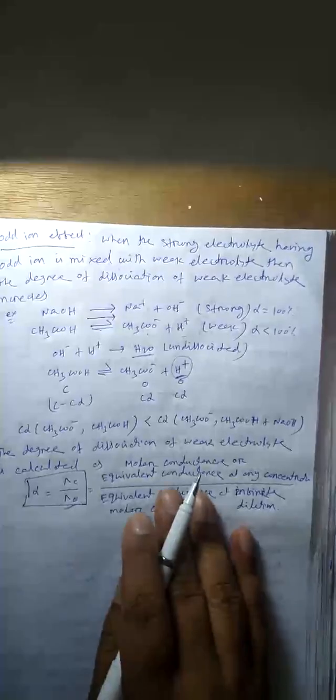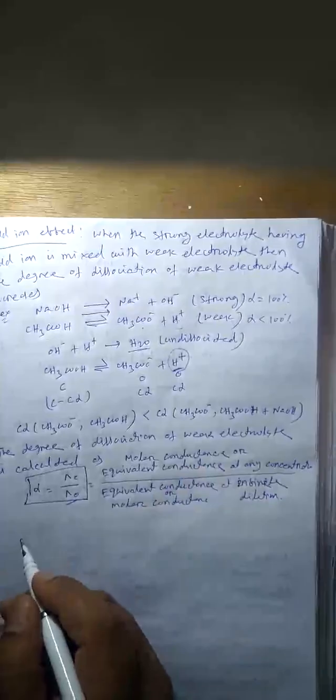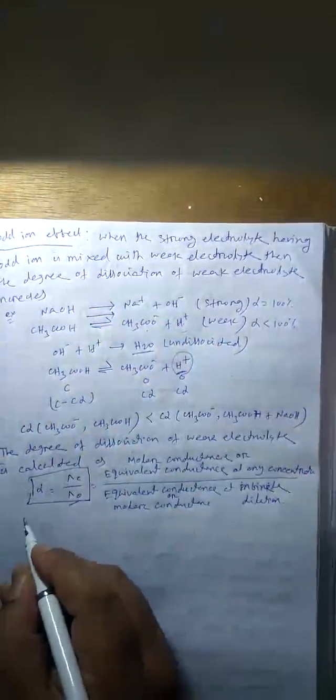It is also calculated using Kohlrausch's law, the law of independent migration of ions. So this is all about the degree of dissociation of a weak electrolyte.